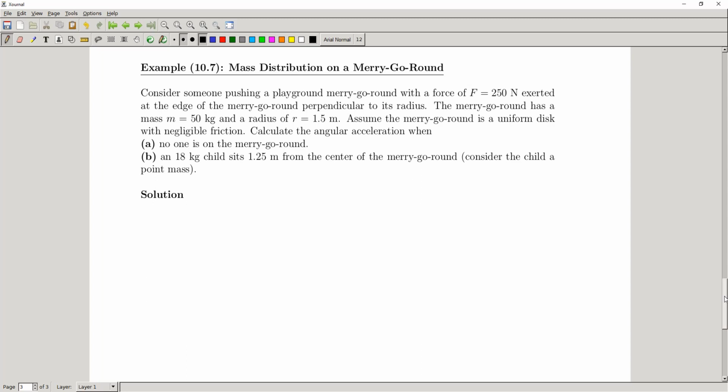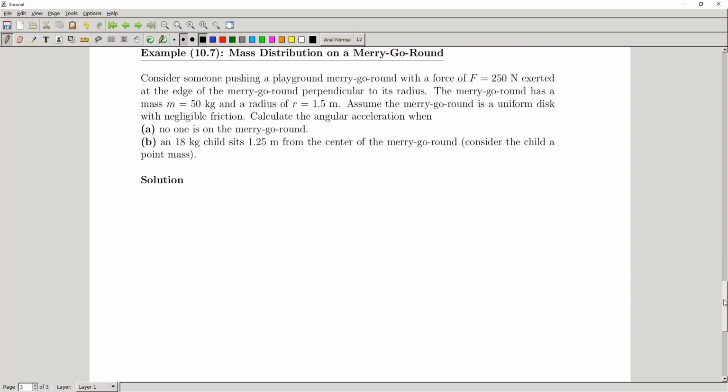So let me start off just by drawing the problem here in case anybody's having trouble visualizing it. This is our top-down view of the merry-go-round. We have some merry-go-round, and this is the center of the merry-go-round. This will be the positive direction of our angular velocity. This is our radius here, and somebody's applying a force directly perpendicular to that radius.